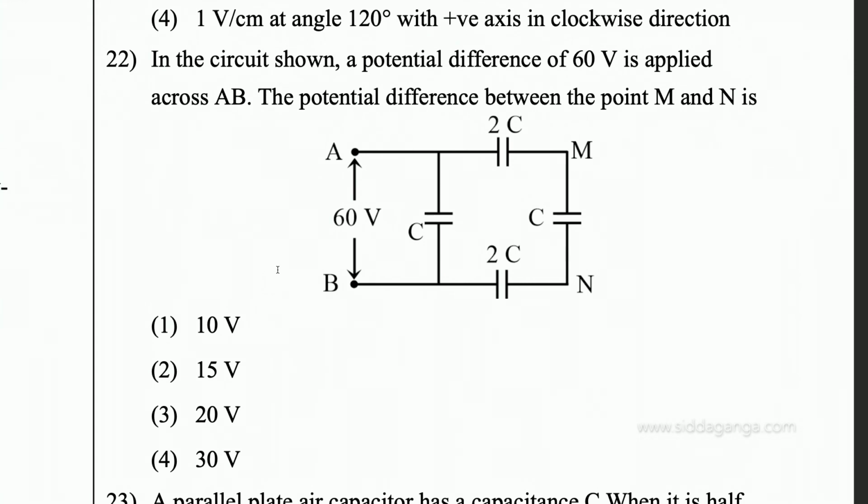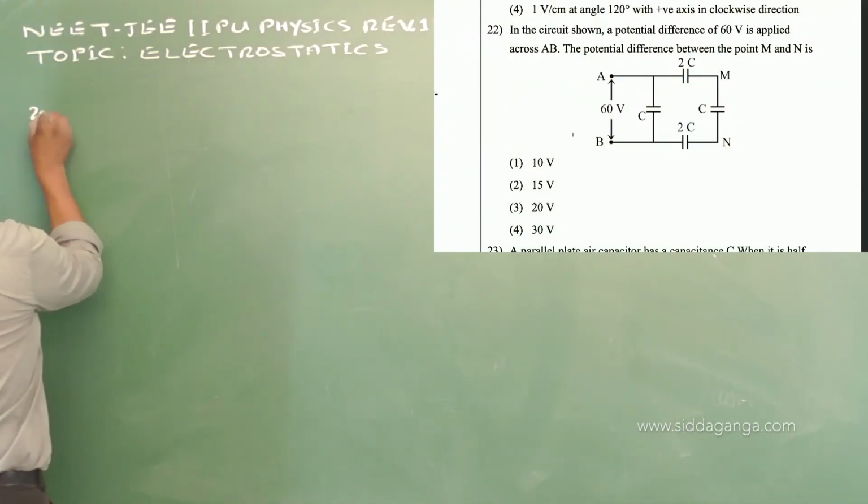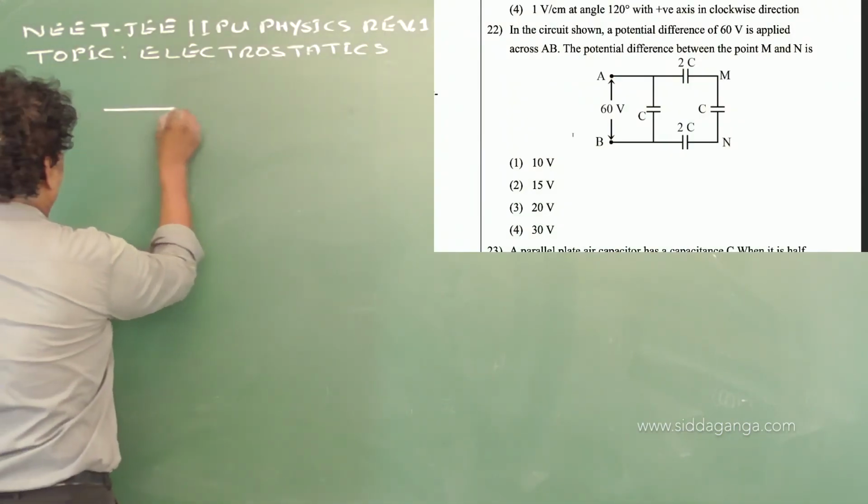Now, in the circuit shown, a potential difference of 60 volt is applied across AB. The potential difference between the point M and N is... Now we have given figure.